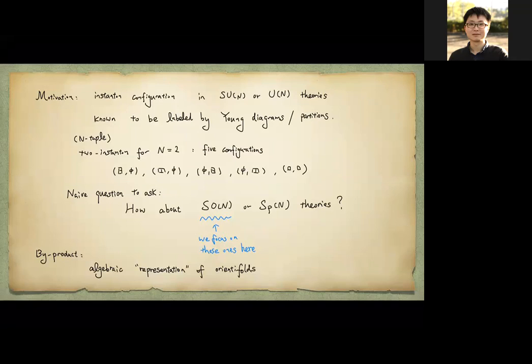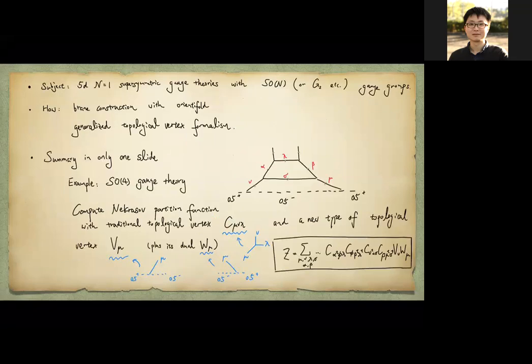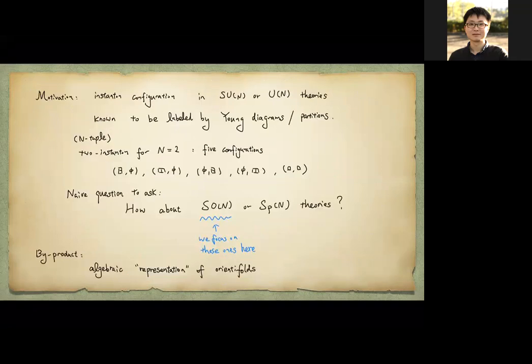But the reason that we want to do it in a different way, in this topological vertex formalism, is that at least in the unrefined limit, it can simplify the calculation a lot.